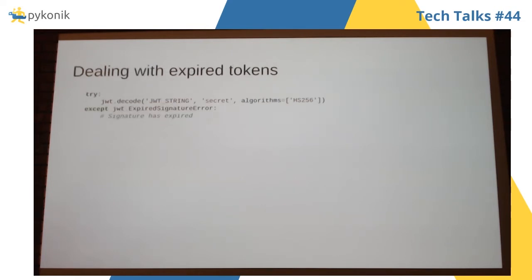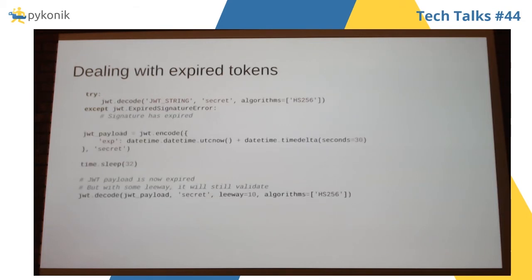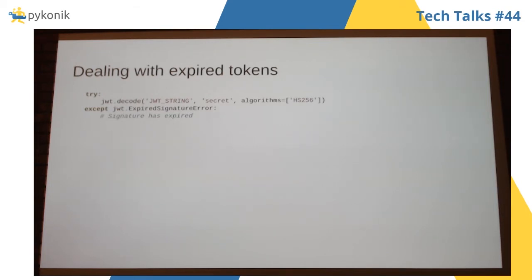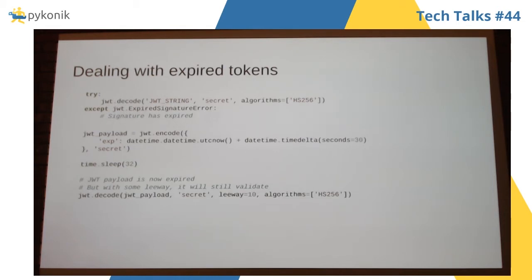And for expired tokens, of course, you can catch that the signature has expired. For waiting some time and checking, in this line of code, you can set the leeway on the token right here.